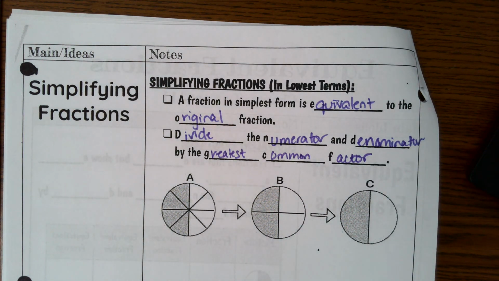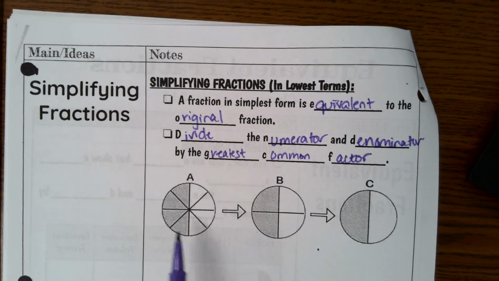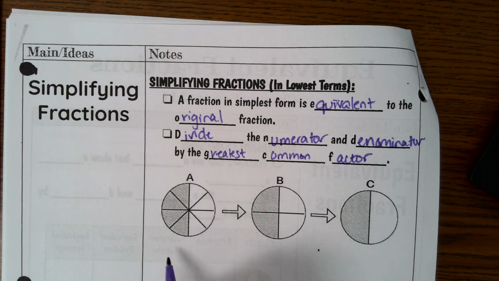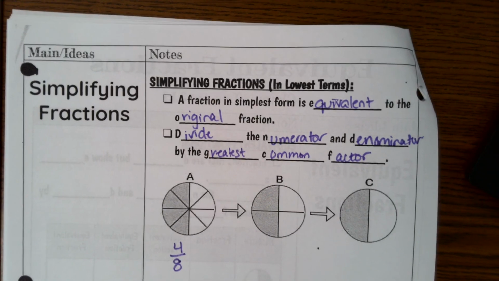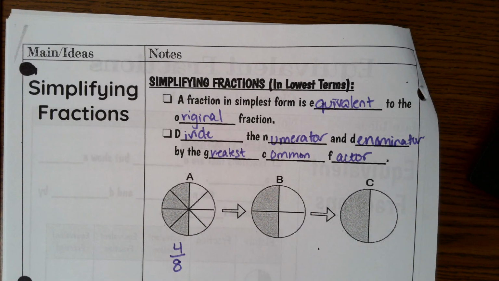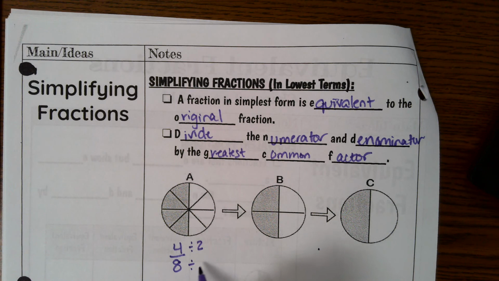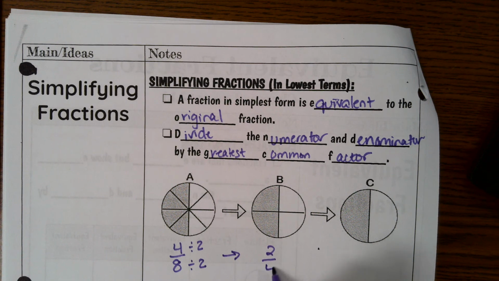Okay, so here we have a fraction, 4 shaded out of 8, and they have a common factor of 2, so you can divide the 4 by 2, divide the 8 by 2, which gives you 2 fourths.